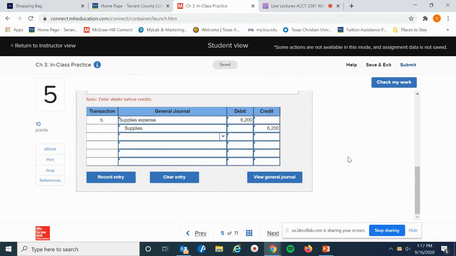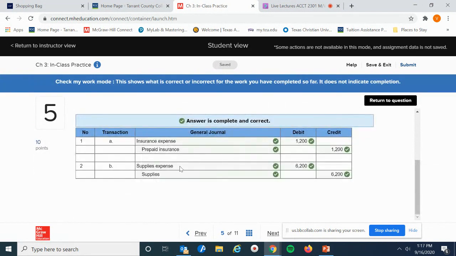Again, by doing this, I am making sure that on the income statement, the appropriate expense is recorded. On the balance sheet, the appropriate usage is taken away from the asset account. And now in the asset account, we should have the correct balance of $800. Do you guys have any questions here?